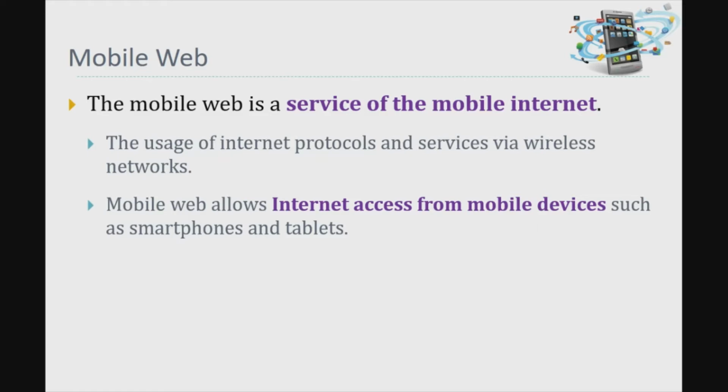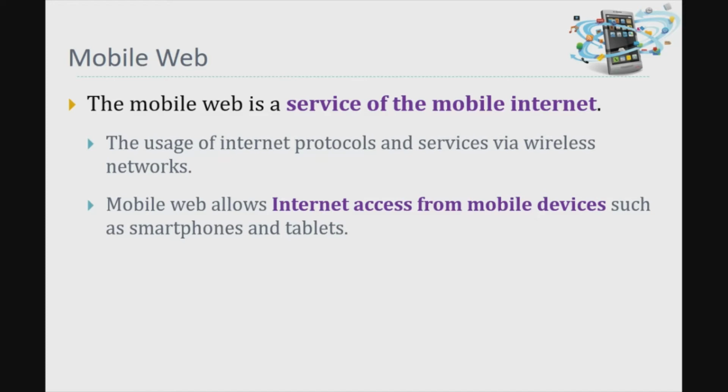And when we talk about mobile devices, it's not only specific to smartphones or tablets. Nowadays, with the IoT, Internet of Things, there are a lot of mobile devices that have wireless connectivity or a wireless modem. For example, we have the wireless sensor, we have the wireless storage. But in this case, because we talk about mobile web application development, we focus on the mobile smartphone and mobile tablet.